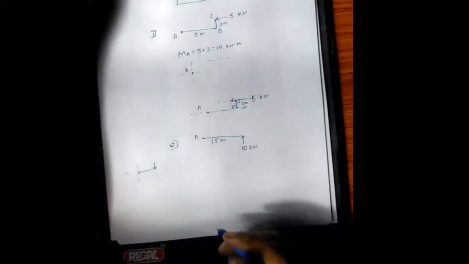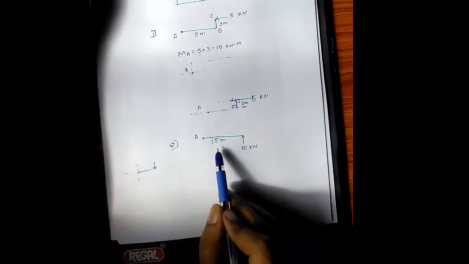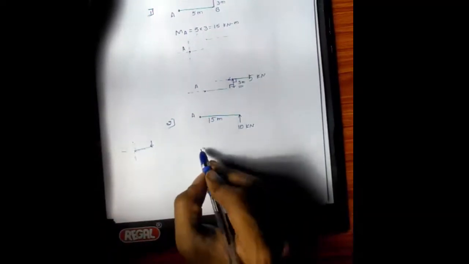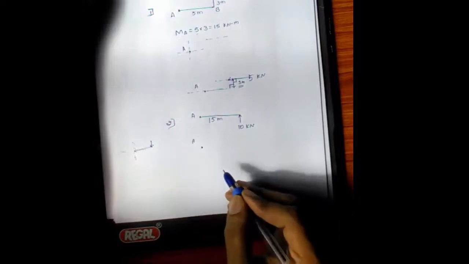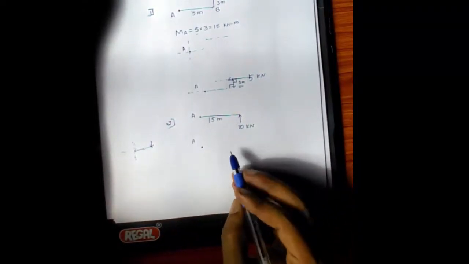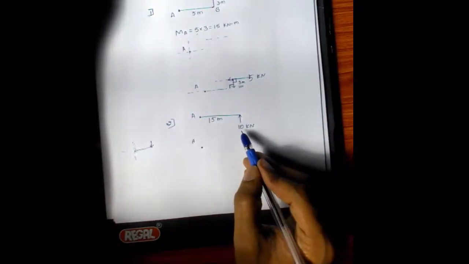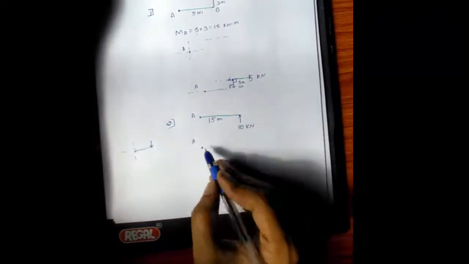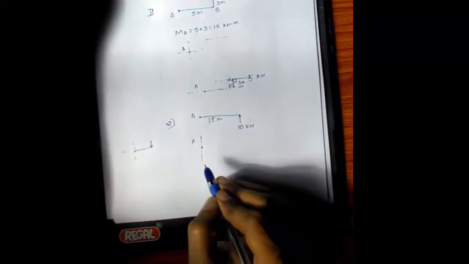Similarly, when we consider this type, how it actually works: you have to put A, you can put dotted lines in x direction also, y direction also. So just check, this force is acting in y direction, therefore put dotted lines in y direction way.